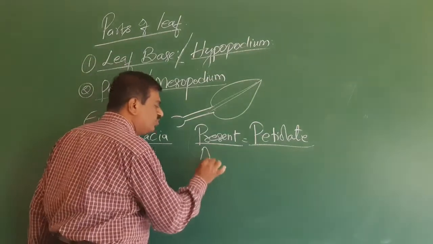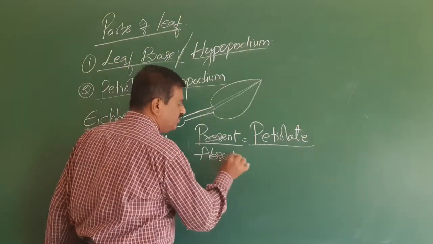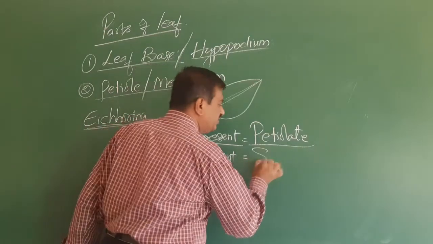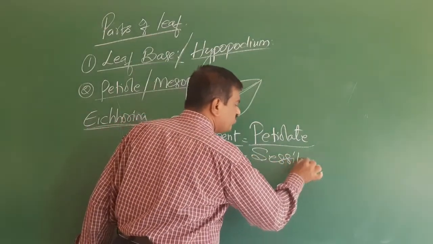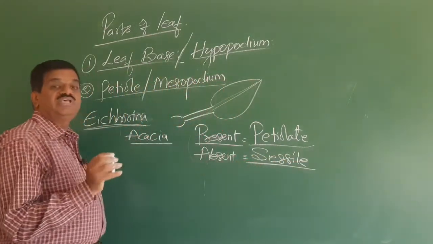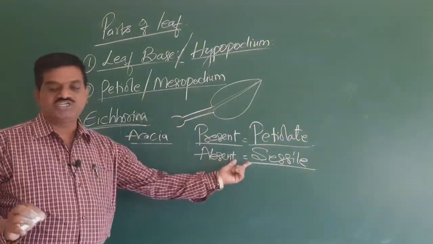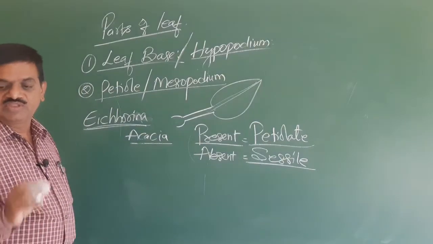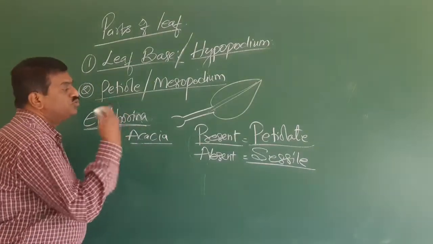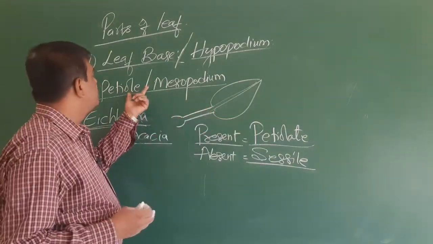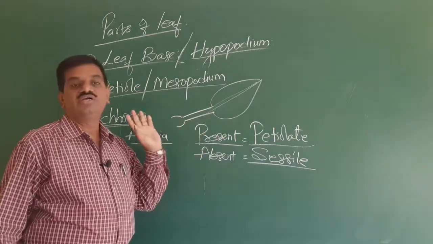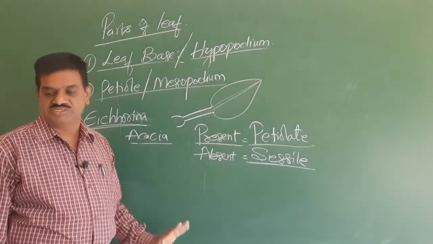If the petiole is absent, we use the word sessile. Petiolate leaves can be seen in the majority of dicots.